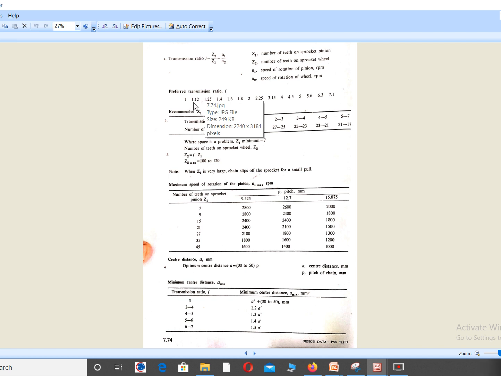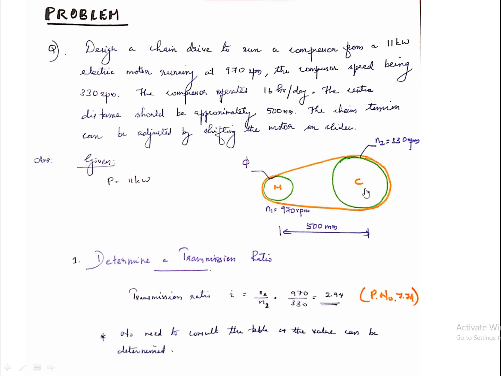You can take 1, 1.12, 1.25, 1.4, 1.6, any of the values. And you need to check everything, and if the stresses and all are within the limits, your design is safe. If not, you need to redesign. Mostly the rpm will be given so as to find the transmission ratio. Fine, this is your page number 7.74, right?